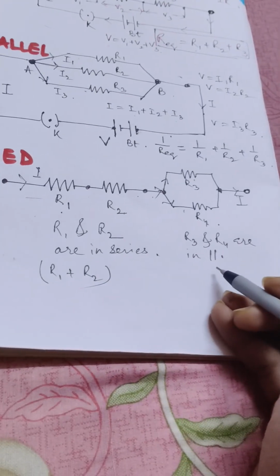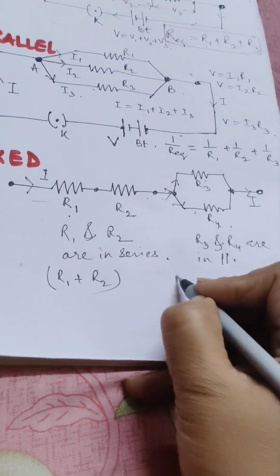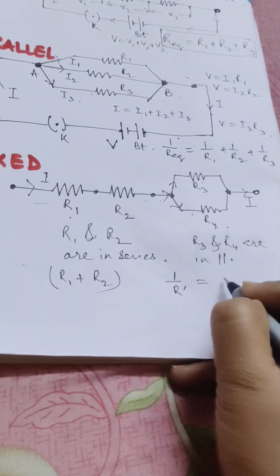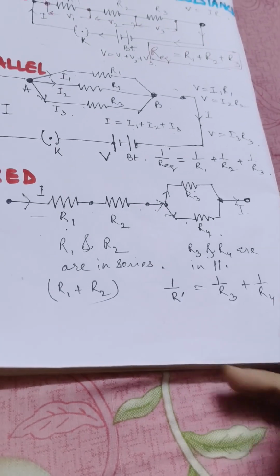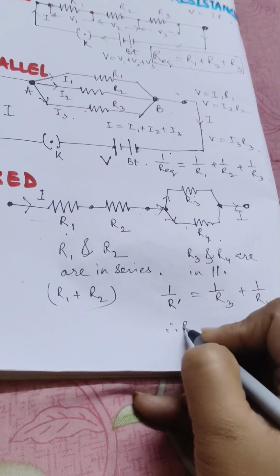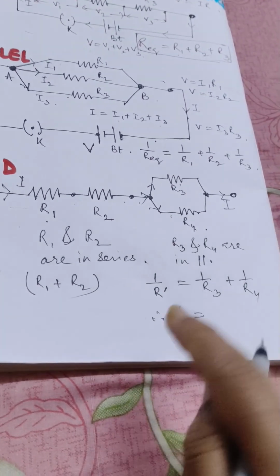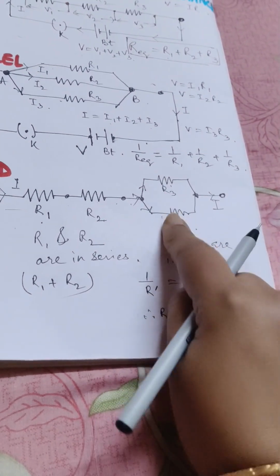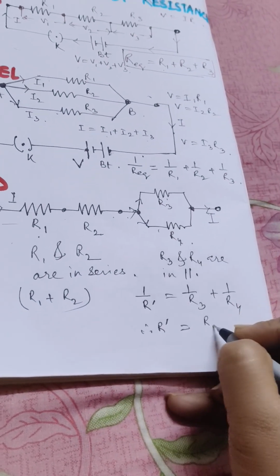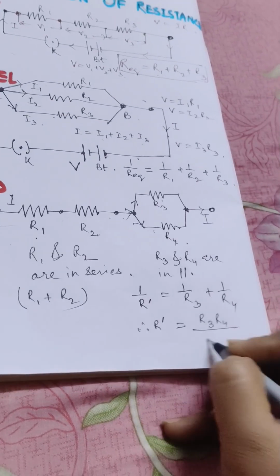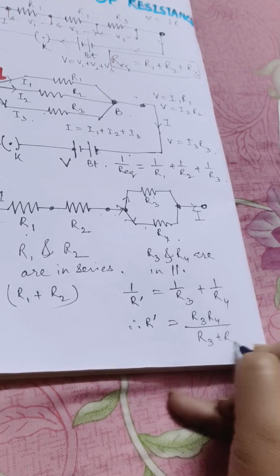And for R3 and R4, we have 1 by R dash is equal to 1 by R3 plus 1 by R4. And finally, R dash means the equivalent resistance for this little parallel combination. You'll do the LCM and you'll find R3 into R4 by R3 plus R4.